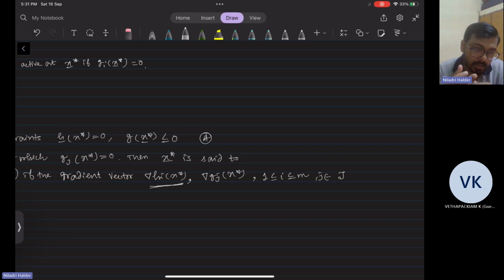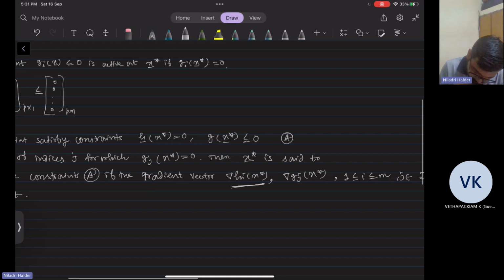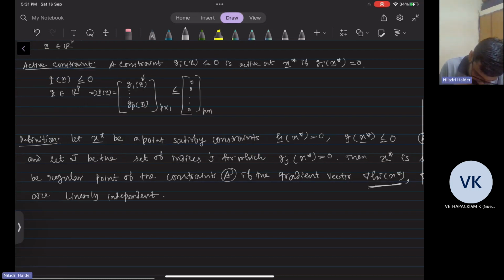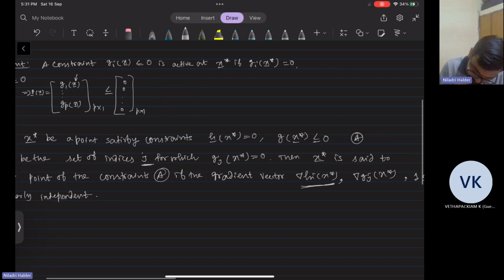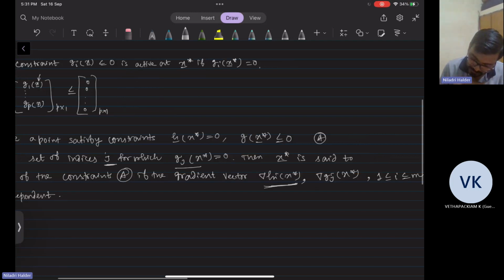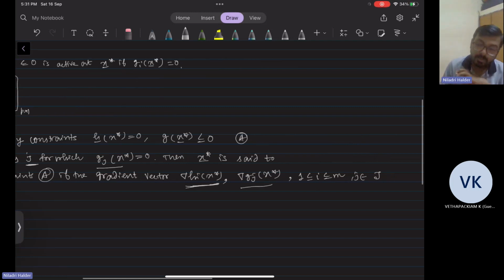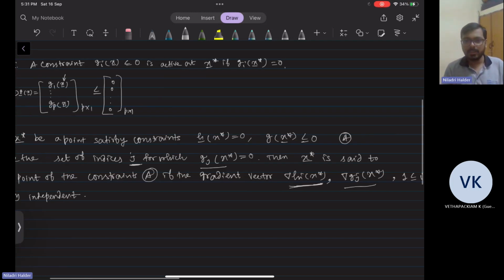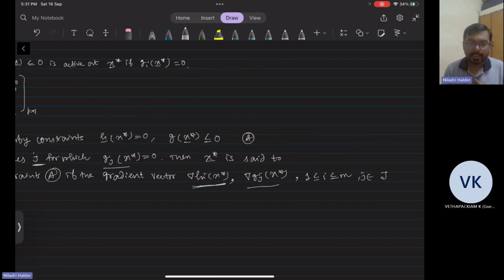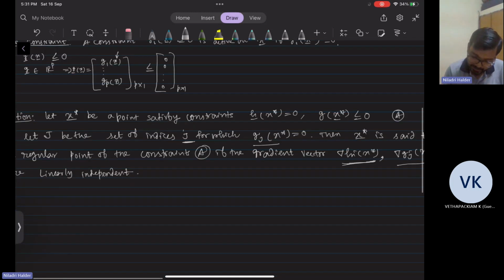In addition, we check for those constraints in the inequality constraint, for those j for which g_j of x star is equal to 0. That means the inequality constraint becomes an equality for that set of j. We find the gradient of g_j at x star also. Then we find out if the gradients of h_i at x star and of g_j at x star are linearly independent or not.